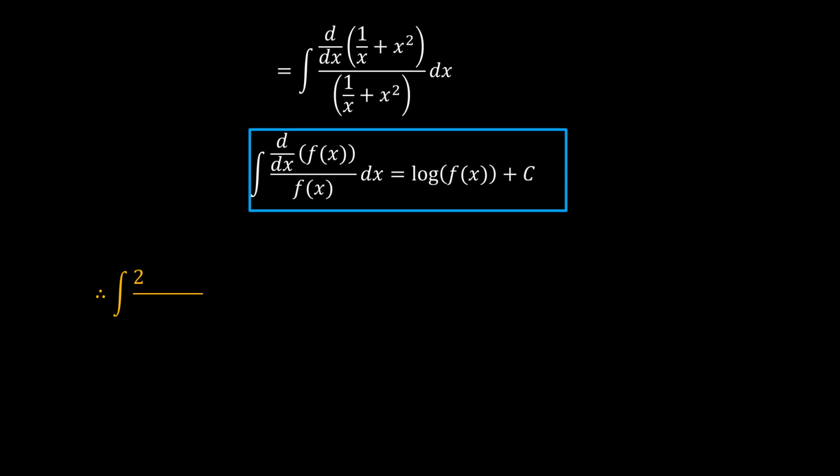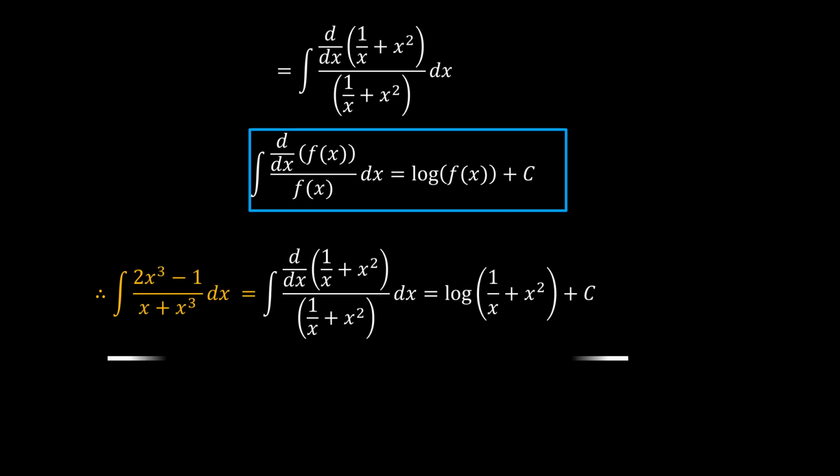And so for our situation here, since the denominator is 1 over x plus x squared, the answer is the natural logarithm of 1 over x plus x squared, obviously plus the integration constant.